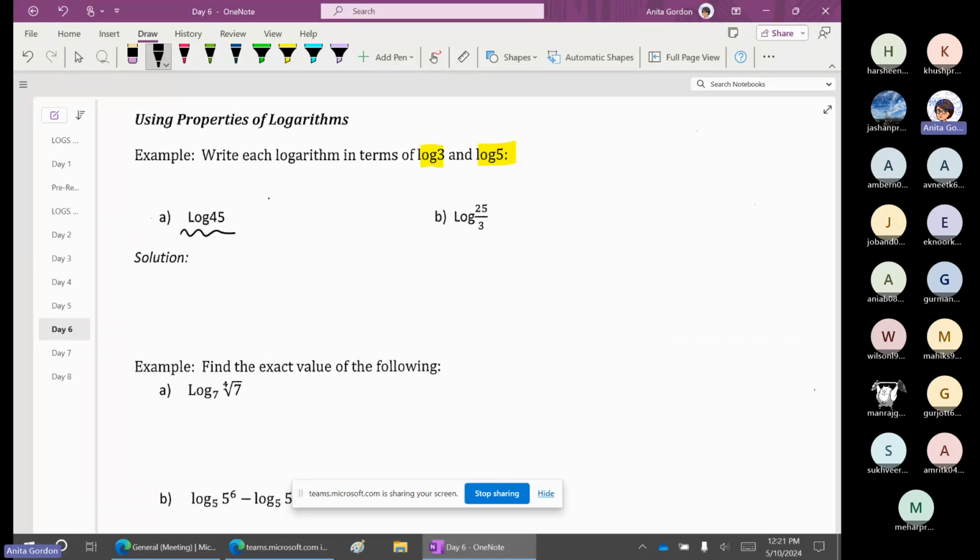So we can do 9 and 5, or you can do 15 and 3. Now I'm going to ask you, which one of these can we use to our advantage to simplify as much as possible? 9 and 5 would be better. So how would I write this?